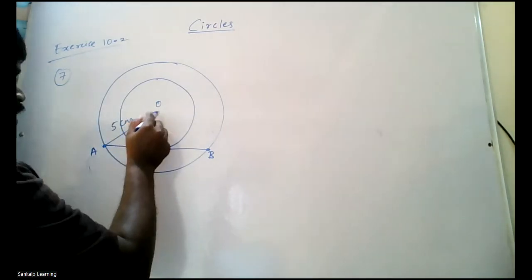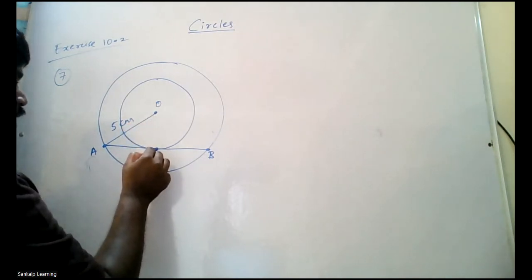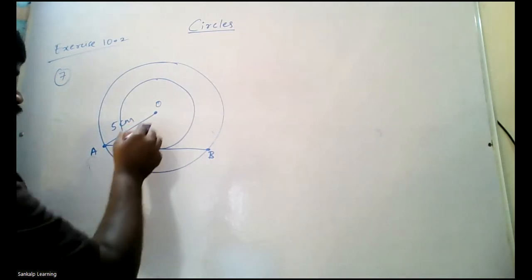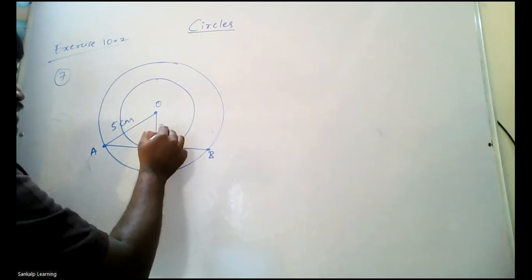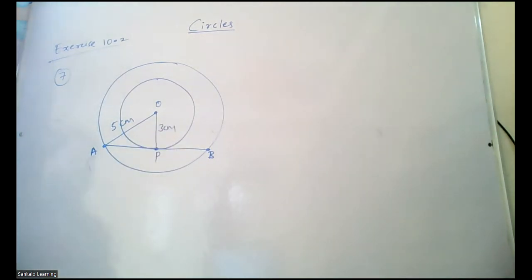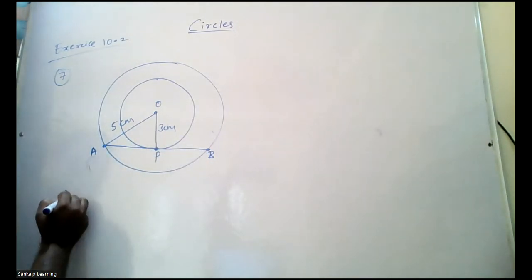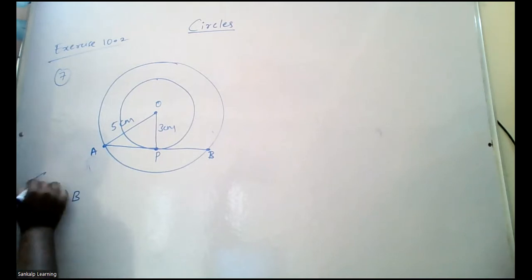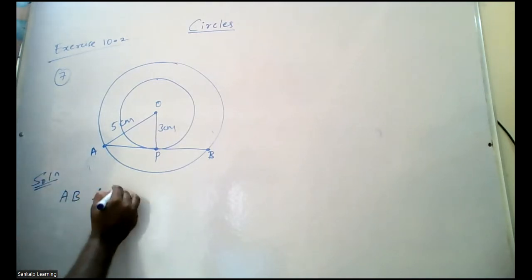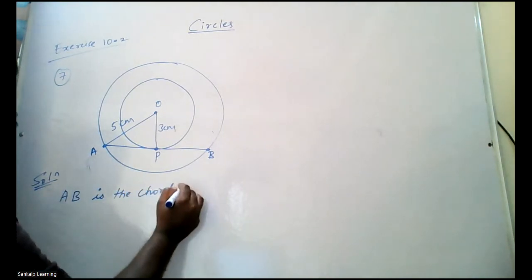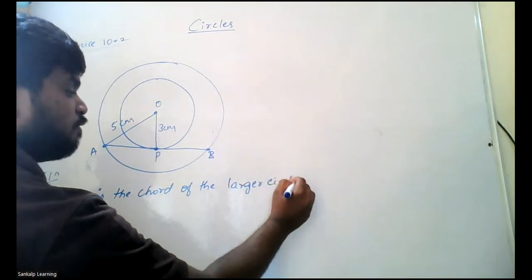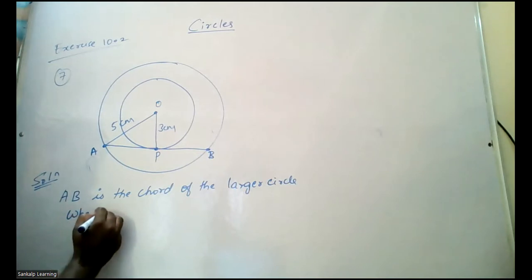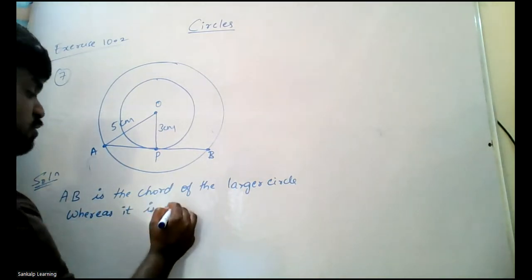Let me take this point as P, the point of contact as P. Let me join this O and P. OP is what? The radius of the smaller circle. So this is 3 centimeters. Now, what should we find? We have to find the length of AP. Solution: AB is the chord of the larger circle, whereas it is a tangent to the smaller circle.